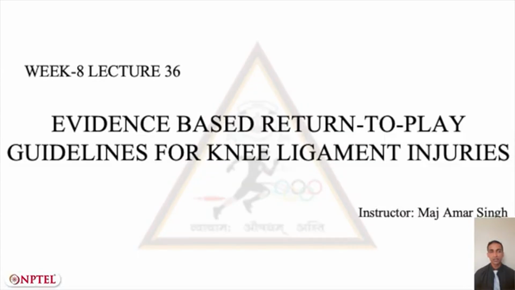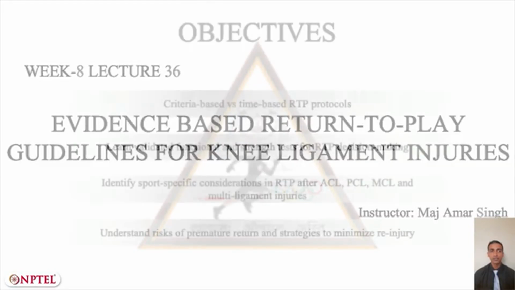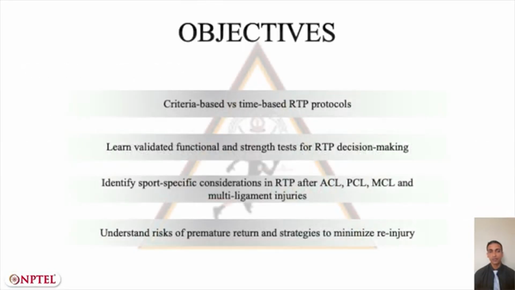Lecture number 36 is about evidence based return to play guidelines for knee ligament injuries. The objectives for today's lecture are to understand the concept of criteria based versus time based return to play, to learn validated functional and strength tests for return to play decision making.